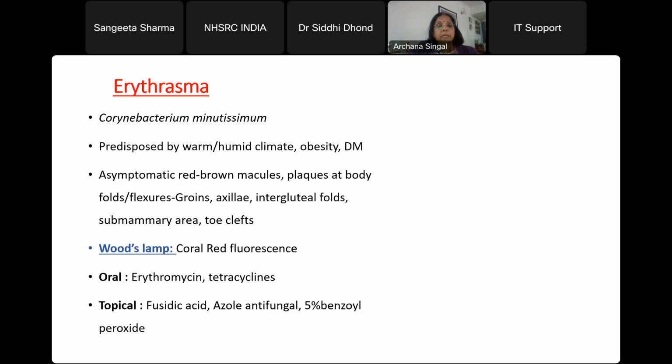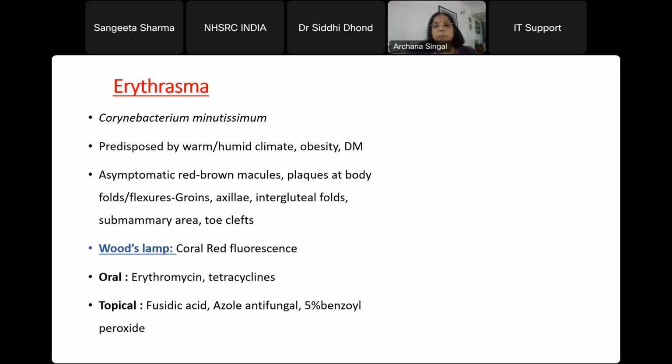On Wood's lamp examination, which is a special lamp we have, it will give coral red fluorescence because Corynebacteria produce certain agents which give this fluorescence. It can be treated with oral erythromycin or tetracycline, or topical antibiotic also works.